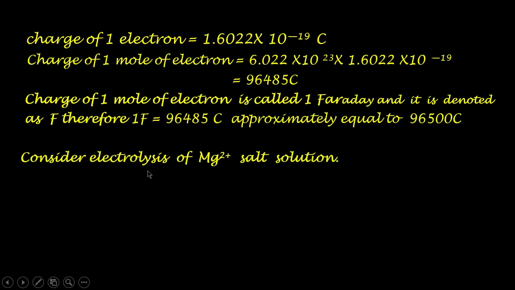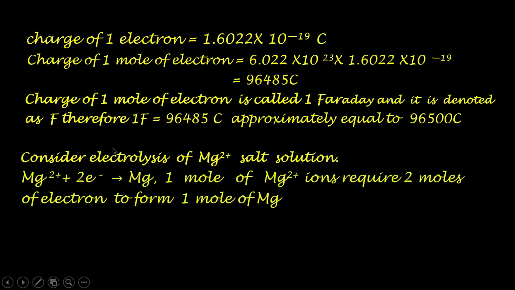Now consider the electrolysis of a magnesium salt solution, that is Mg2+ salt solution. The magnesium salt contains Mg2+ ions, produced in the solution of the magnesium salt. This magnesium ion is once again a cation that will be attracted towards the cathode and discharged there.